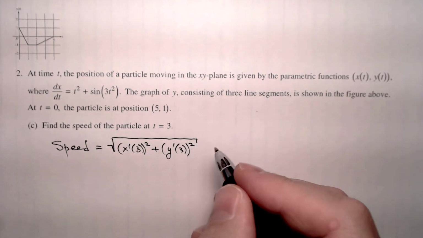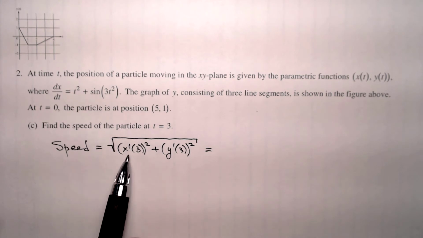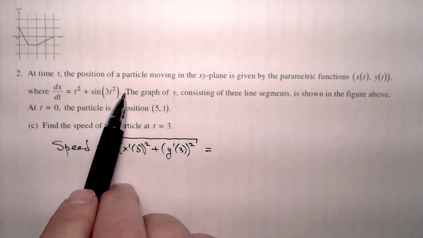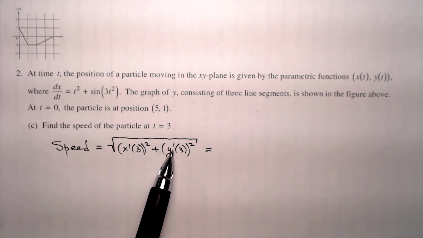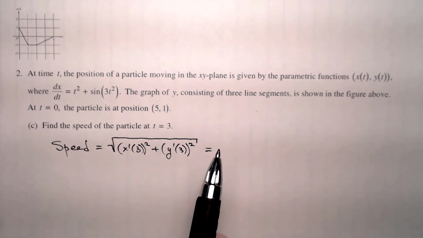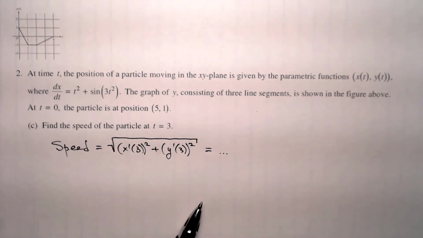And so as we said in the previous question, the velocity is given by this function, so we just need to plug in 3 there, and then y prime at point 3 is equal to 1/2. So let's plug in those values using the calculator and find the speed at time t equals 3.